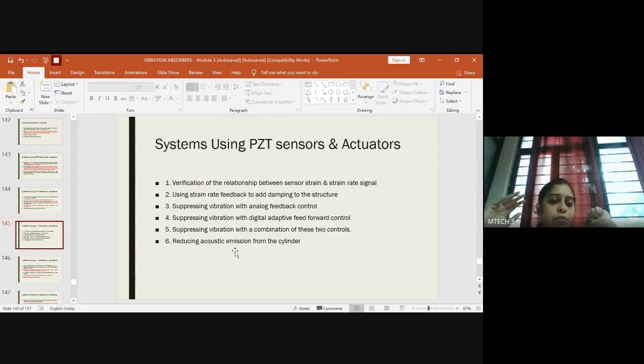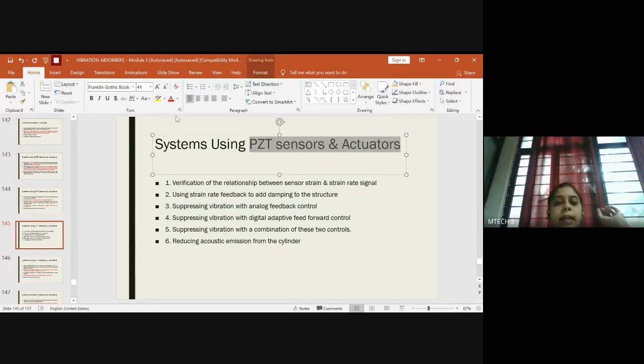So this fellow Finfield evaluated the results by this sequence of experiments. What are the experiments? You can see he has done nearly 6 experiments, using PZT sensors and actuators in the smart structures.